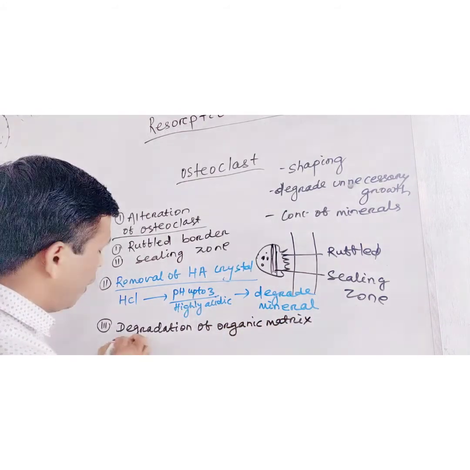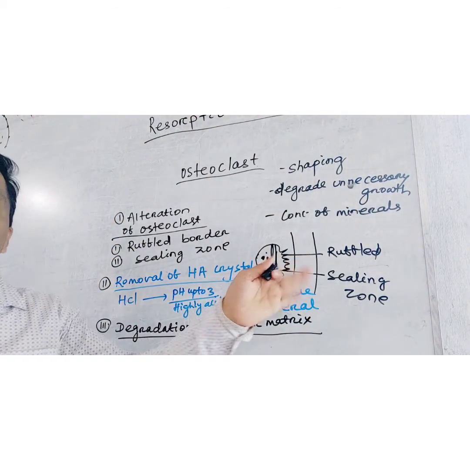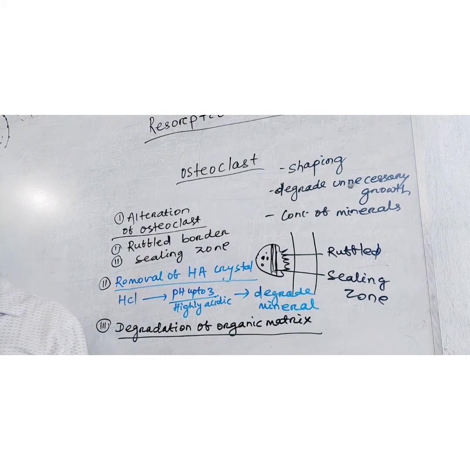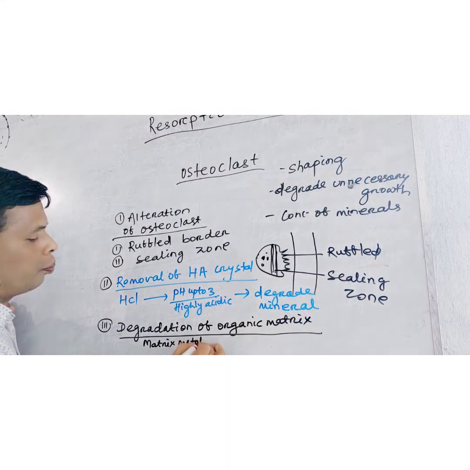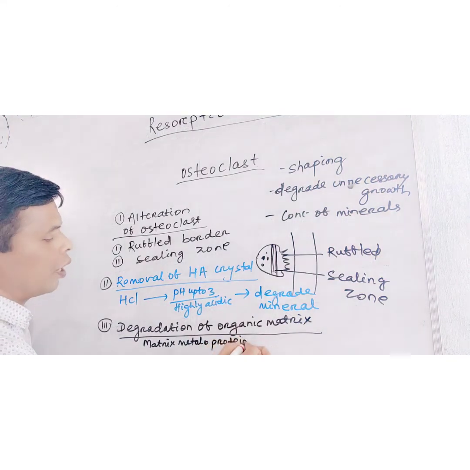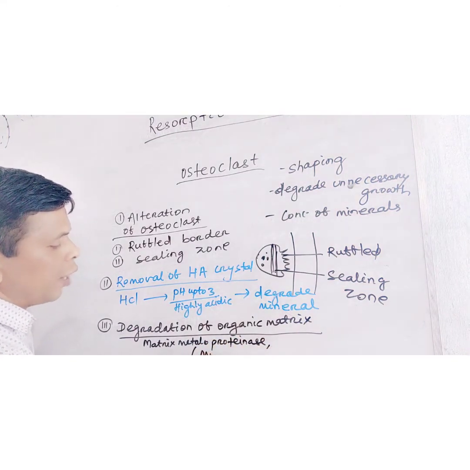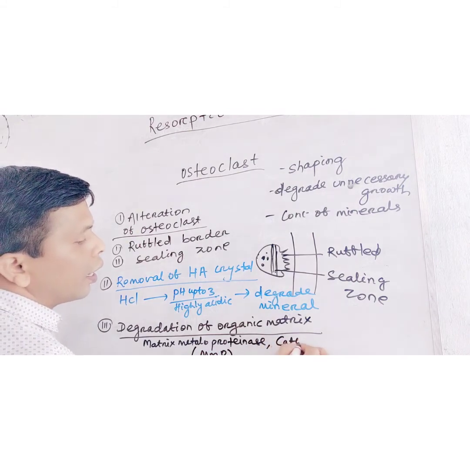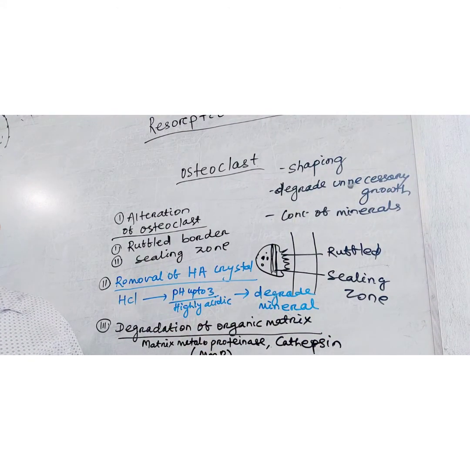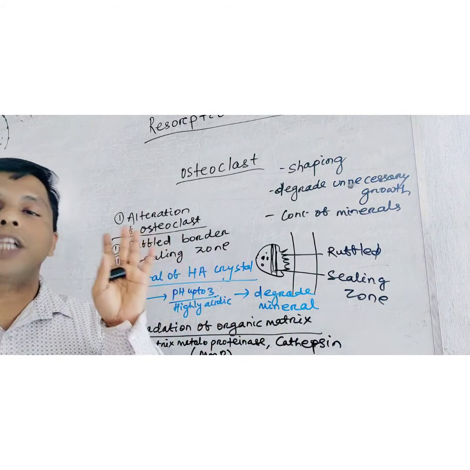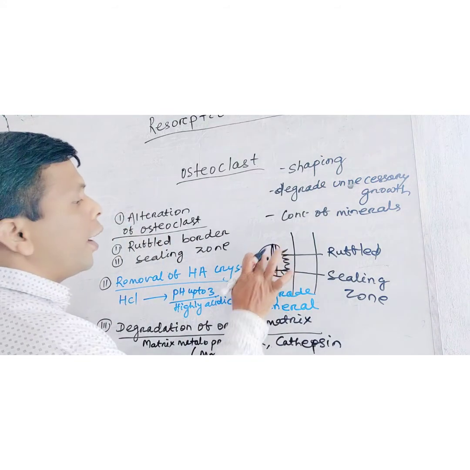When the mineral component is degraded and has entered the circulatory system, two important enzymes, matrix metalloproteinase, shortly called MMP, and cathepsin, cause removal of the matrix from the bone by the process of exocytosis.